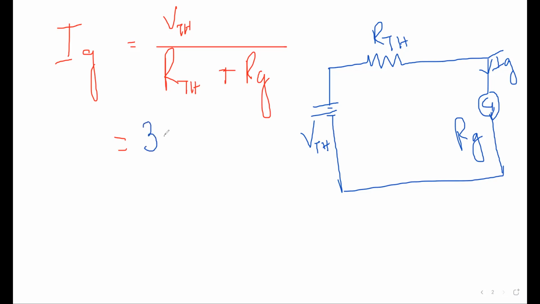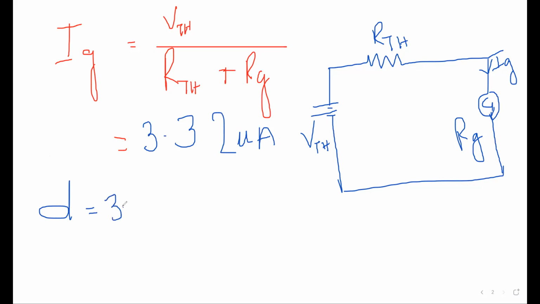Ma'am, 3.32. 3.32, very good. 3.32 microampere somehow. Now you have to find out the galvanometer deflection. What it will be? Small d. Deflection, that will be, you see here in the problem, I have given the current sensitivity of 10 millimeter. So that you have to just multiply here.